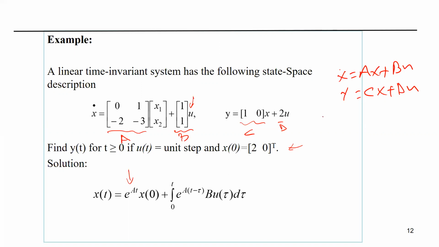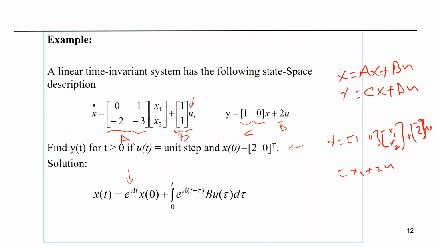Basically, if you write this equation, y is equal to C times x, where x is x1 and x2. So this will be 1 0 times x1 x2 plus 2u, which, if you multiply, is x1, and there is nothing for the 0, plus 2u. So it's only single input, single output.